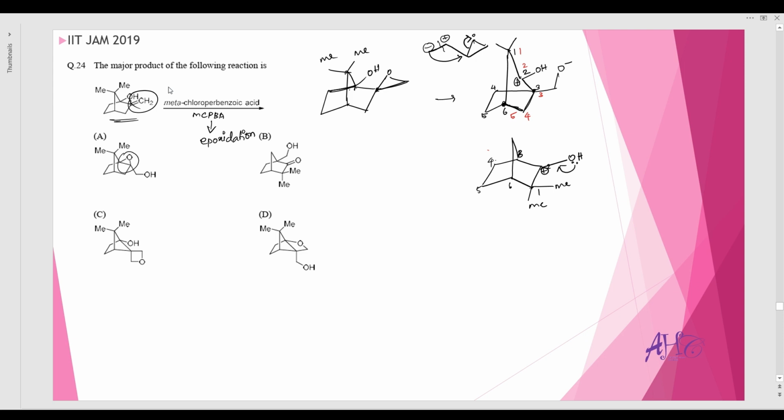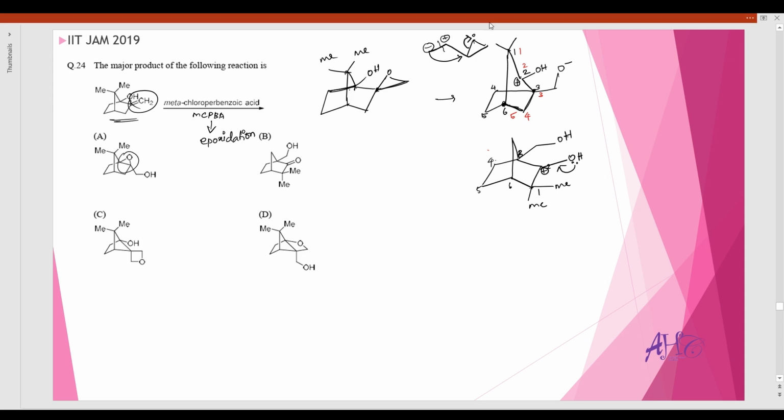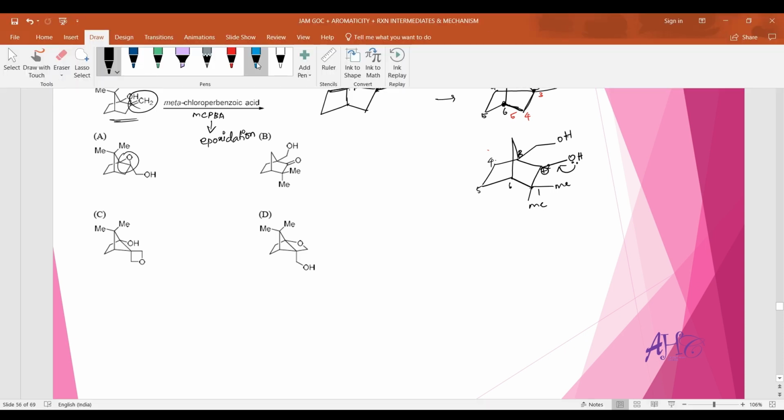Okay, so at 3 and 6 you have one carbon. So this is going to be like this. And then at your third position you have your alcohol groups. So at the third position you have your extended alcohol like this. Okay, so let's try to number this one.